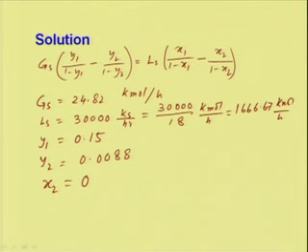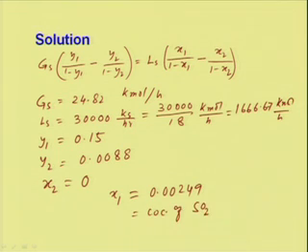If we substitute these values, then x1 is equal to 0.00249. So, this is the concentration of SO2 in the exit stream.